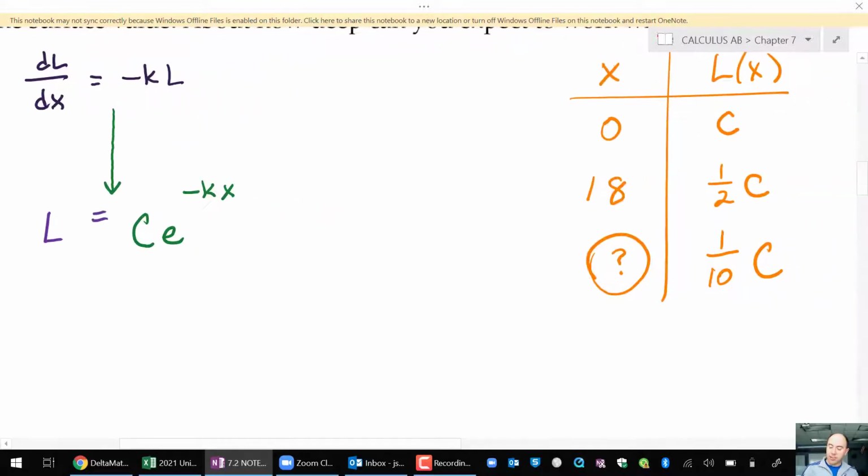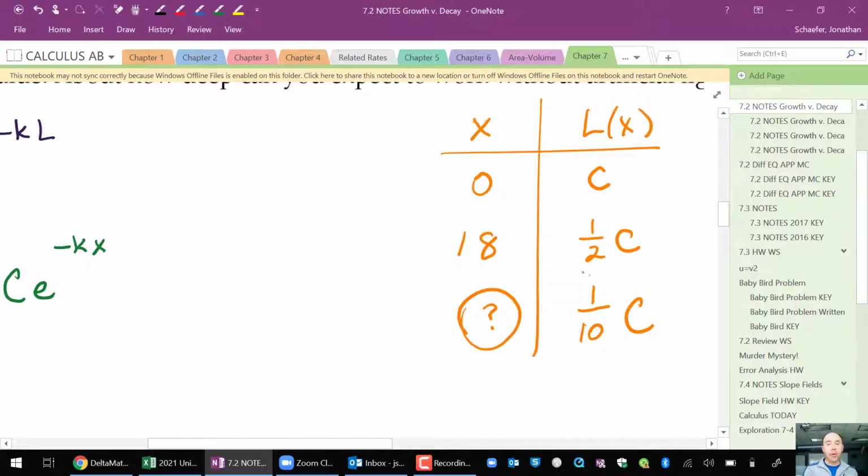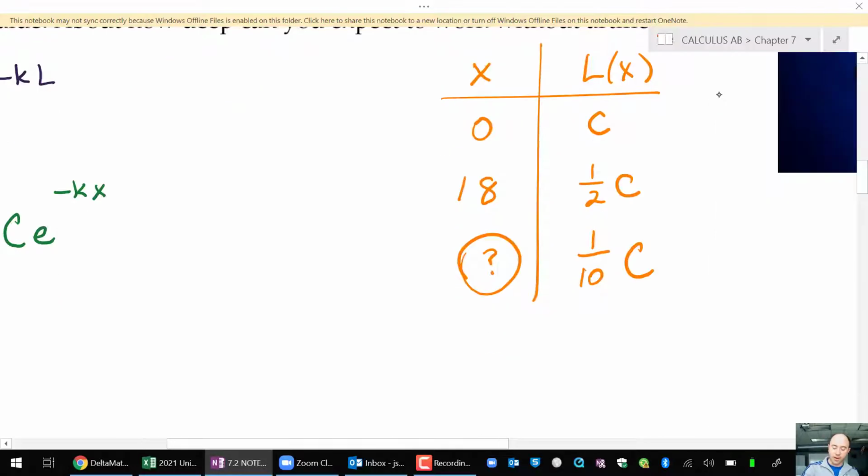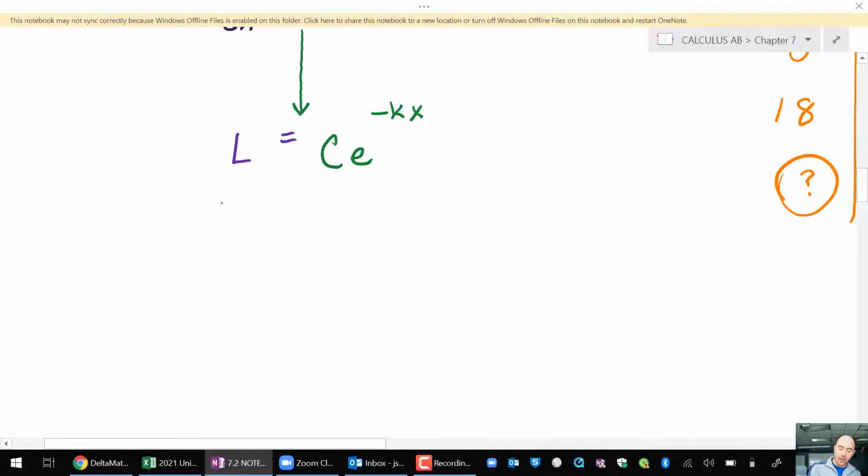Well, I would just use this point, 18, 1/2 C, as a condition to evaluate. So let's plug in 1/2 C for L, and I have C e to the negative k times 18, since x equals 18. I don't know what that constant of proportionality is in this differential equation, so I have to solve for it.